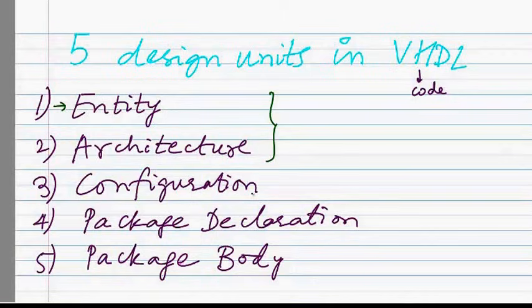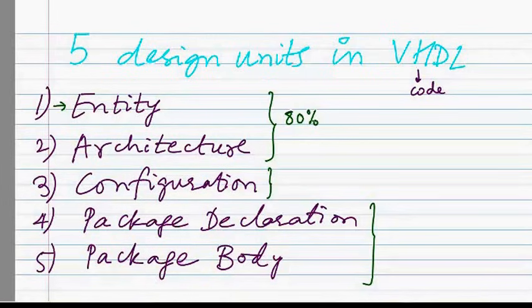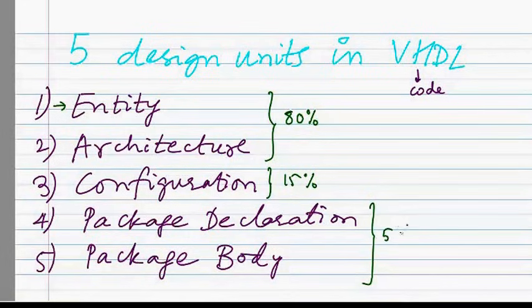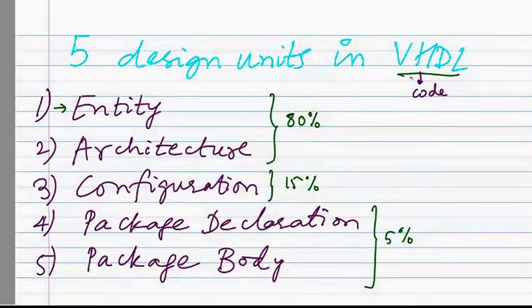I will also explain configuration and package declaration and package body, but as a part of this course we will be primarily looking at entity and architecture, and to a very small extent we'll be looking at configuration. You can say that 80% of the times you look at entity and architecture, 15% of the times you would look at configuration, and 5% of the times you would need a package declaration or package body, especially when you're a student or you're learning how to write VHDL.